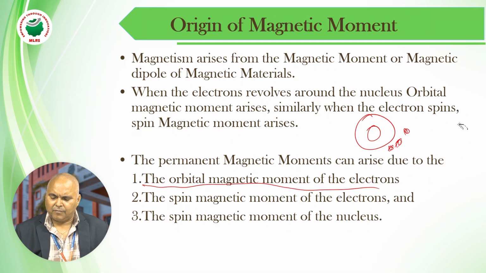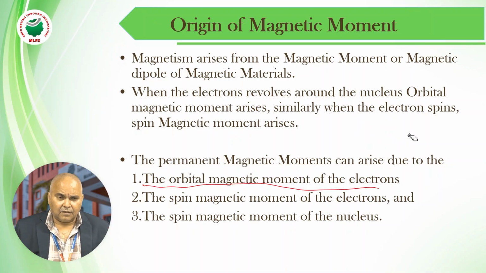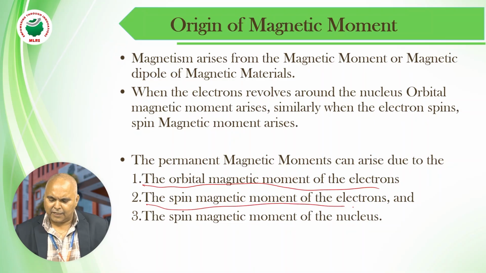That's one type of magnetism, the orbital magnetic moment of the electron. Similarly, there is the spin magnetic moment of the electrons. So one is the orbital magnetic moment, from p, s, and d orbitals.